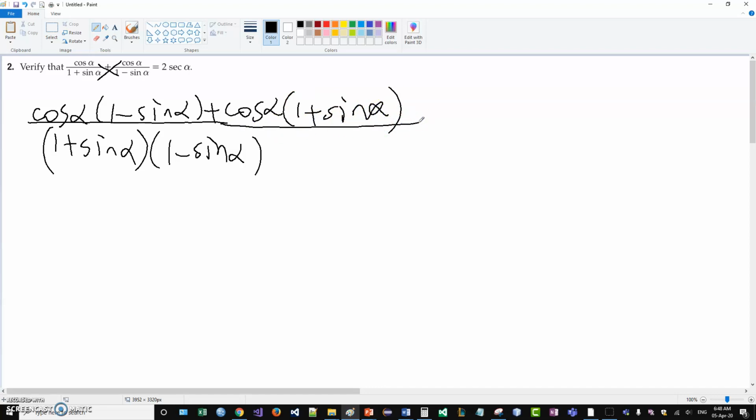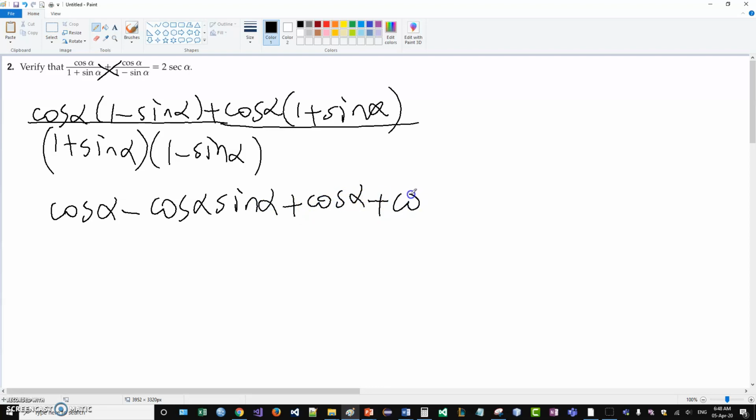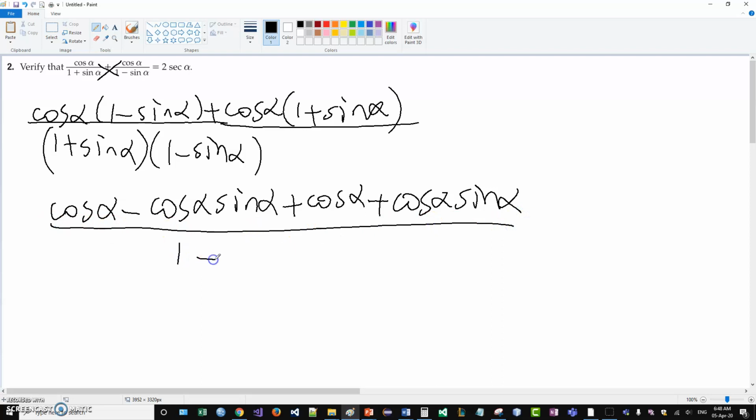Okay, let's expand the numerator. So cosine alpha minus cosine alpha sine alpha plus cosine alpha plus cosine alpha sine alpha over 1 minus sine square alpha.